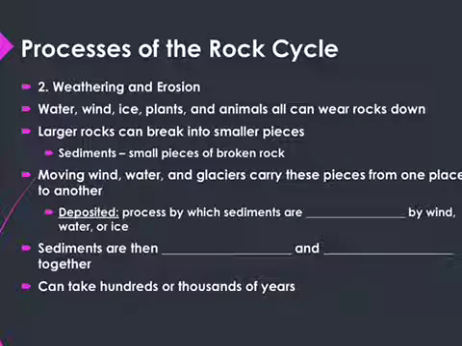Then water, wind, and glaciers can carry these pieces of rock from place to place. When the wind, the water, or the glaciers stop moving, those sediments get deposited. Being deposited means a process by which sediments are dropped by wind, water, or ice, and the ice is referring to the glacier.